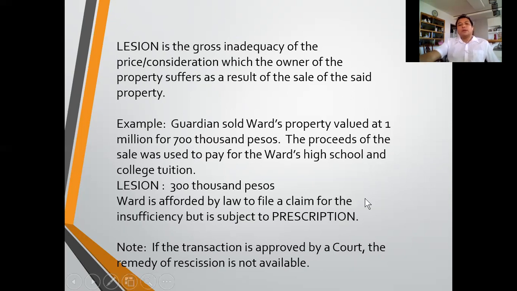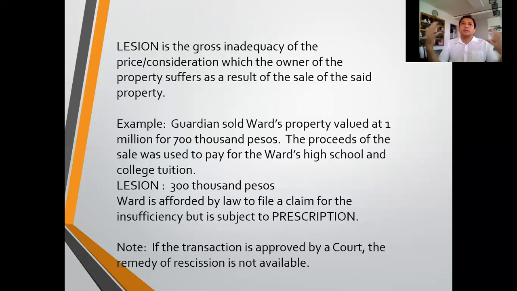The result of rescission, if it is approved by the court, so you have to file it before a court: if the court awards the ward a rescission, the effect there is the ward is going to give back the 700,000 pesos to the buyer, and the buyer will give the property back to the ward.